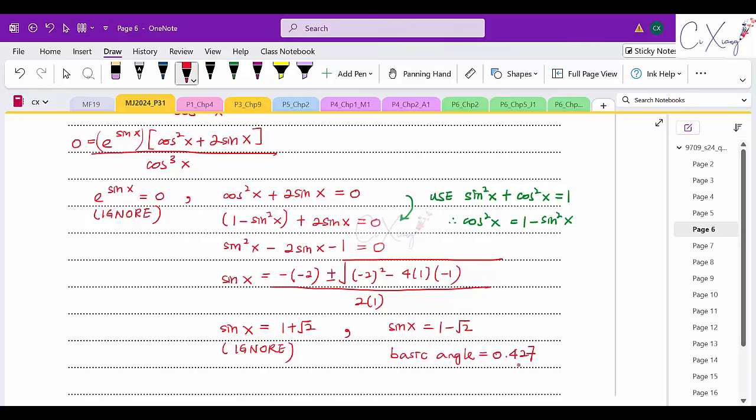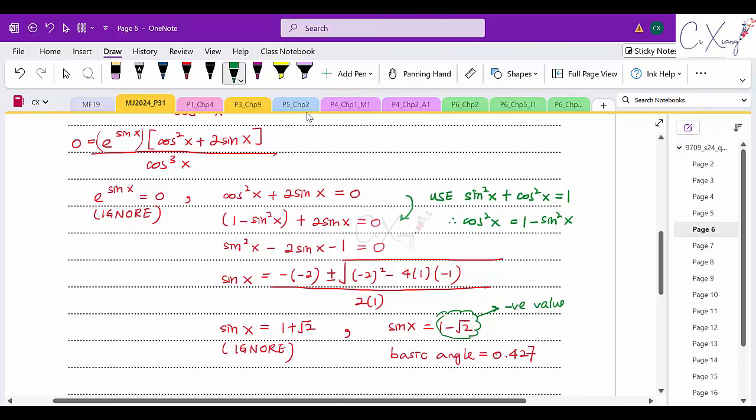Okay, then after that, only you can calculate the angle in different quadrants to see what your final answer is. So if you take 1 minus root 2, it is a negative value, right? So please make sure that you change it to positive first. So your basic angle is this one. Okay, so maybe I want to emphasize this part. This one is a negative value.